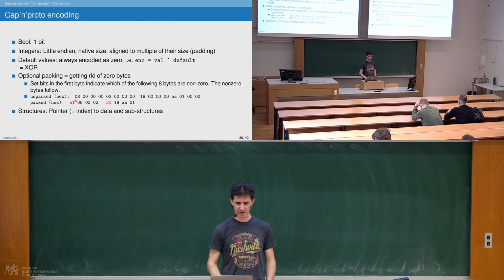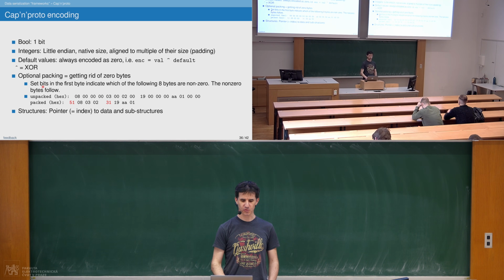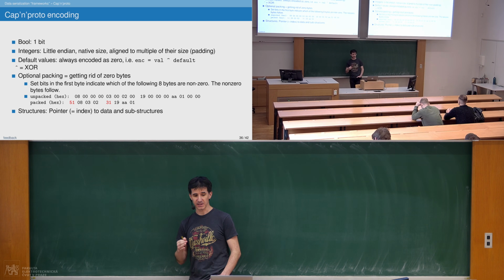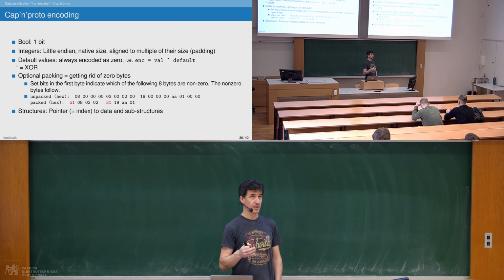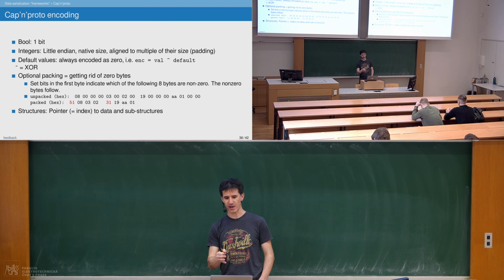And it works like this: there is always a first byte, where every bit in that byte indicates which bytes were 0 and which not.